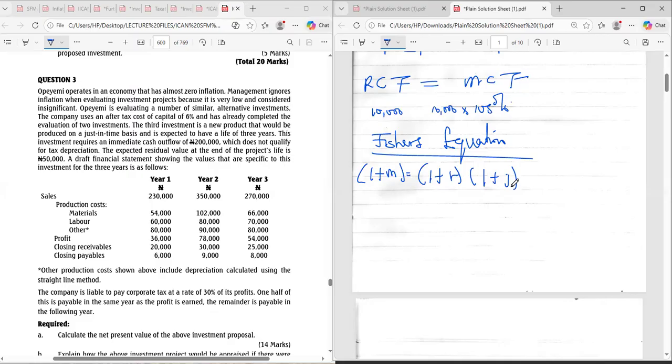Your r is your real rate. Your i is your inflation rate. Are you with me?